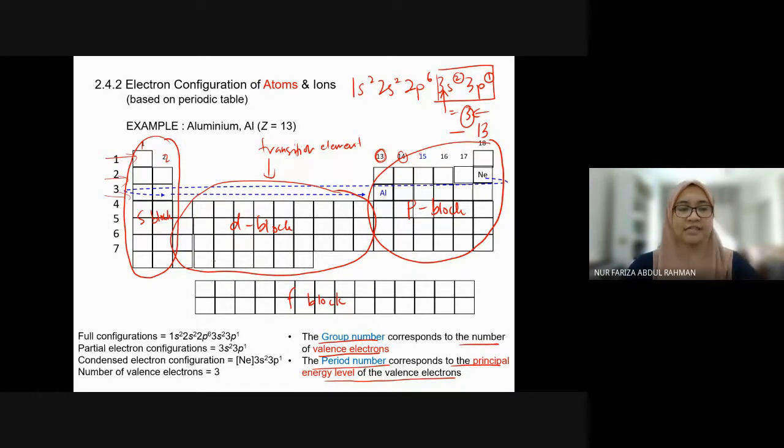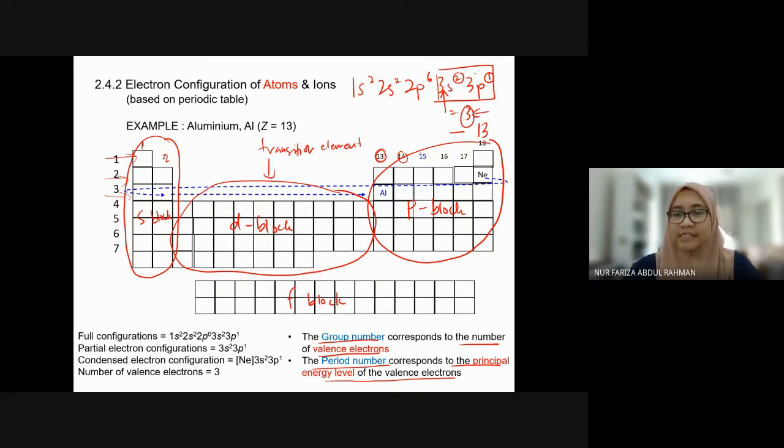Okay, why is it called S block? Why is it called P block and D block? So how do we determine whether an element comes from P block, S block, or D block? Okay, easy. For example, look at aluminium. We refer to the last sub-level being filled.